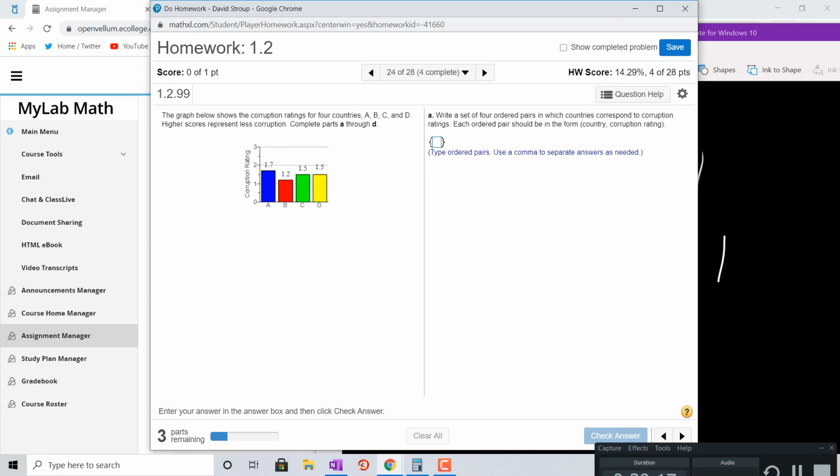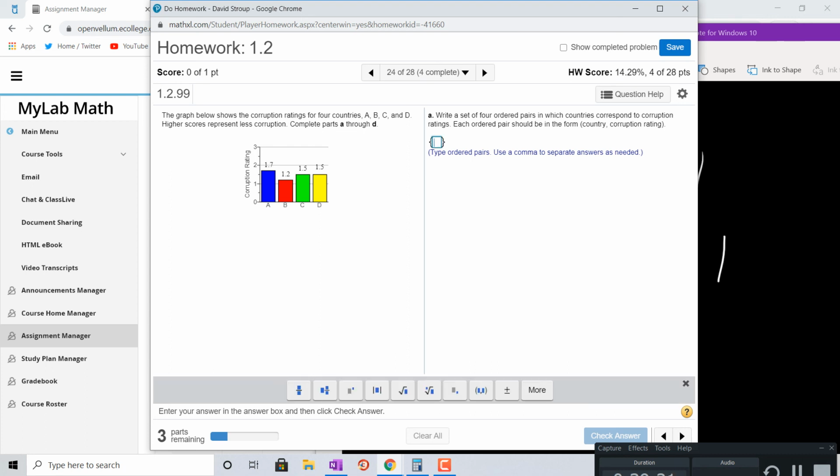Each ordered pair should be in the form country and then corruption rating. Okay, so I have A. Probably want to make sure you put in capital A, comma 1.7, comma B, comma 1.2. And I need some parentheses there.